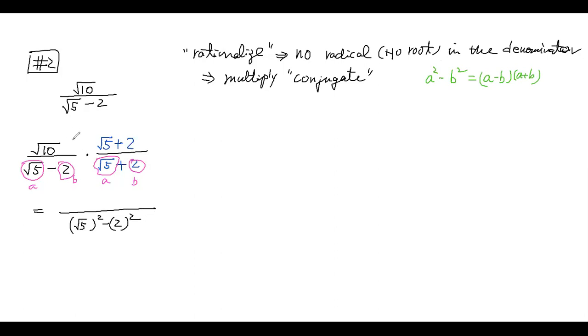Then the top, what do you need to do? The top will be the square root of 10 times the square root of 5 plus 2. Now let's simplify.